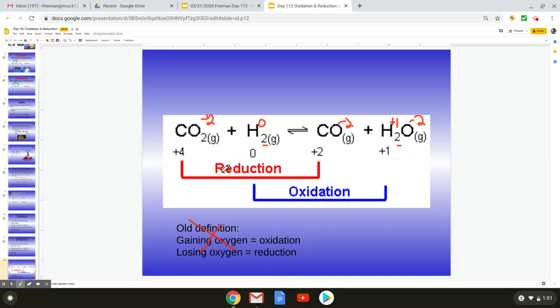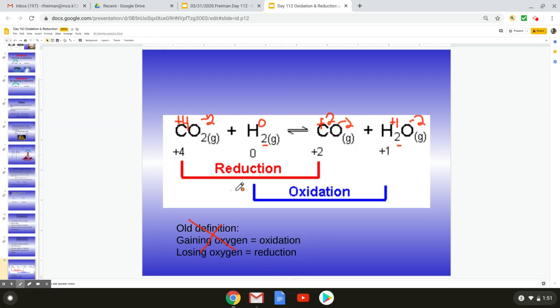For the reduction half reaction, we look at carbon. If you have oxygen at -2, -2 times 2 is -4, so carbon has an oxidation state of +4. That's why there's a little 4 below it. Carbon is going from +4 to, in carbon monoxide where oxygen is -2, an oxidation state of +2.